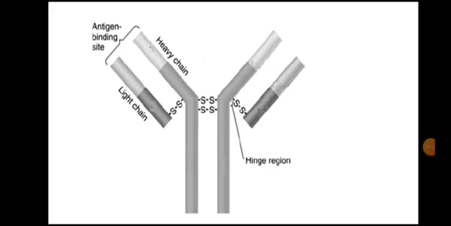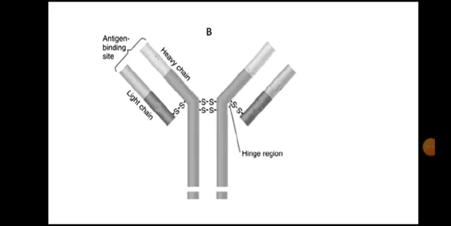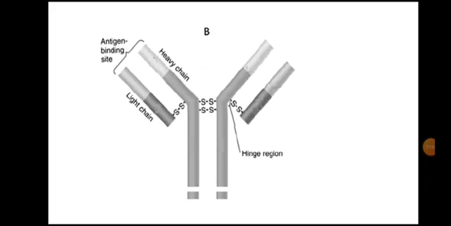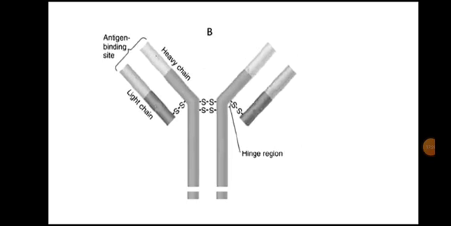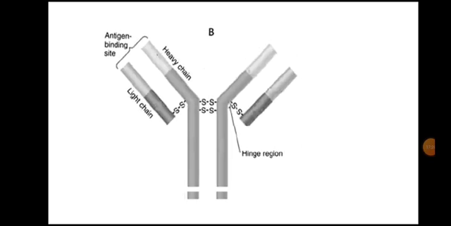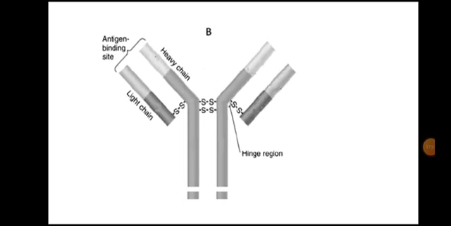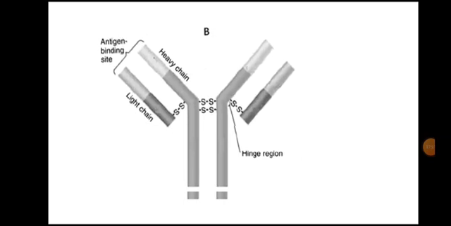So this is the hinge region, which is flexible like this. So according to the structure of antigen, it can adjust its position for antigen binding site for the binding purpose with antigen.